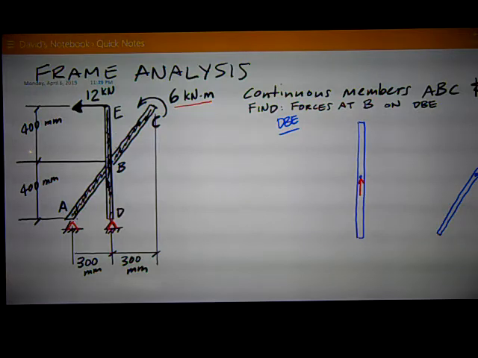The first step in these problems is always to try to solve for reactions, whatever I can, looking at the entire frame as a rigid body. So I'm just going to use the picture as my free body diagram and put those reactions at A and D: AY and DY up, I assume, and AX and DX I'm going to assume to the right.